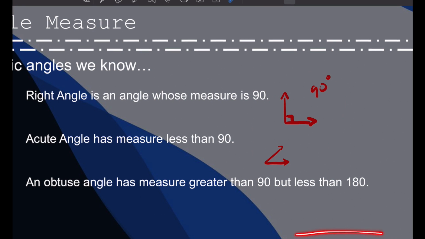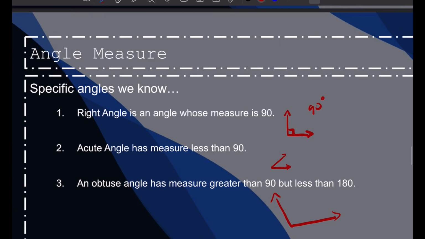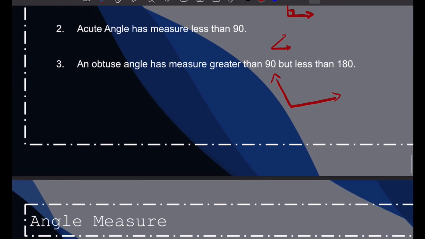So 180 looks like this, but I need to shrink it a little bit to make it less than 180 degrees. So it would look something like that, right? And when we think of obtuse, we think about the bigger angle, right? But it has to be less than 180 degrees. Okay, so that's all I have for that.